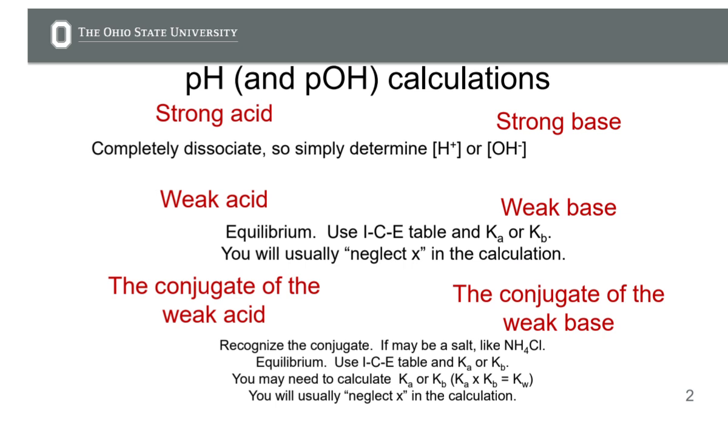There's a summary slide here, and for time I'm not going to go through all of it, that looks at how to calculate pH or pOH for several different options: strong acid, strong base, weak acid, weak base, and then conjugates of weak acids. This last row comes in with salts. As we go down this list, things get more and more complicated, okay? So take a look at that if you're struggling. It might help you get started.